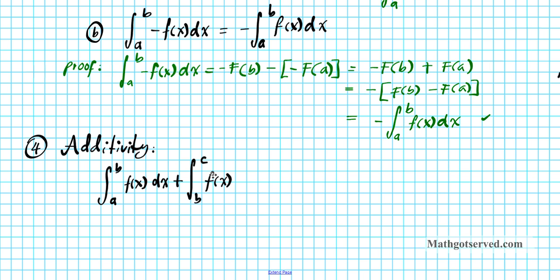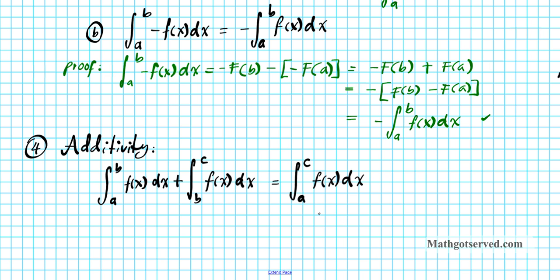The additivity rule says that we can express this as the definite integral from a all the way to c of f of x dx. Okay, so this is the additivity rule of definite integrals.